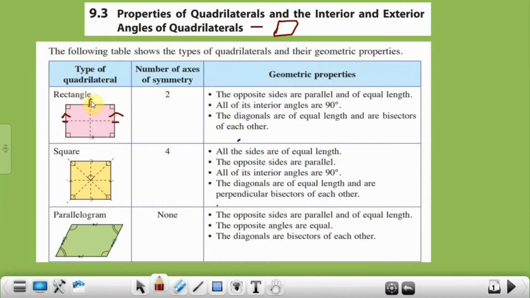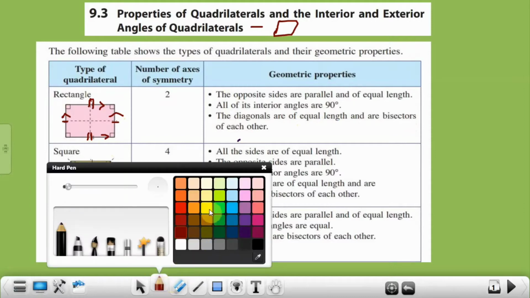Okay, this is also equal length to this side, and they are parallel to each other. Okay, all of the interior angles are 90 degrees. Okay, if you look here, the diagonals are of equal length and are bisectors of each other.